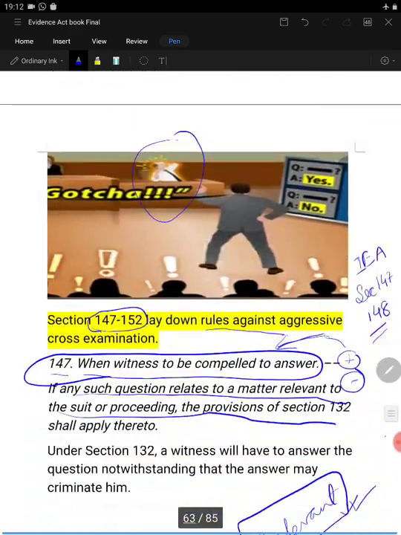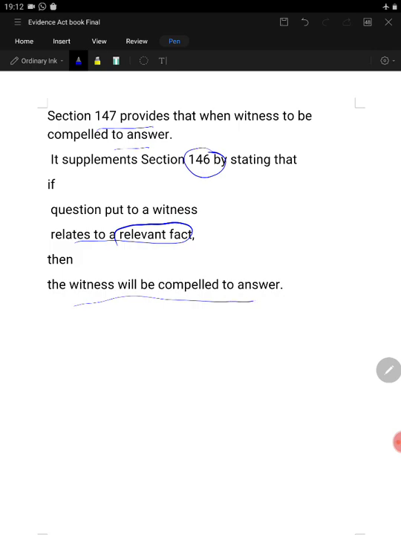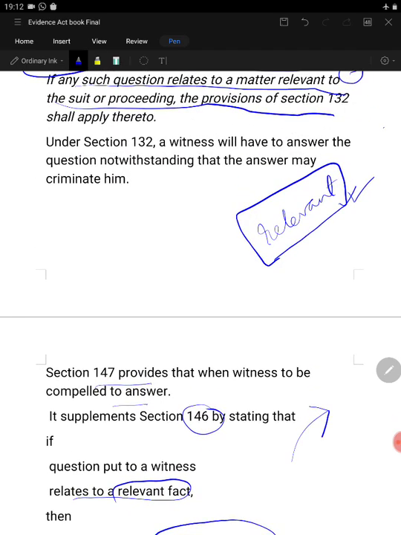Now, in these cases, if the question relates to a relevant fact, then the witness will be compelled to answer, no matter that the answers may incriminate him. But in that case, Section 132 will apply. On the basis of the reply given by the witness, he cannot be subjected to any prosecution.